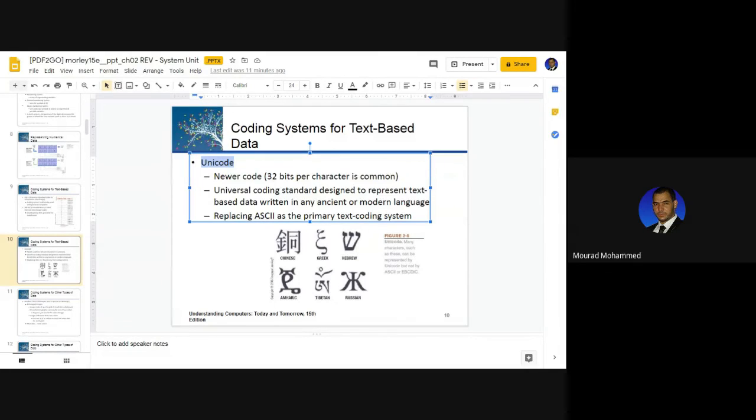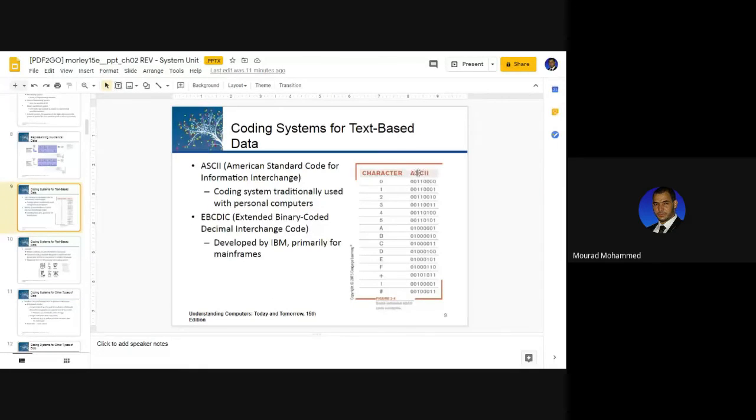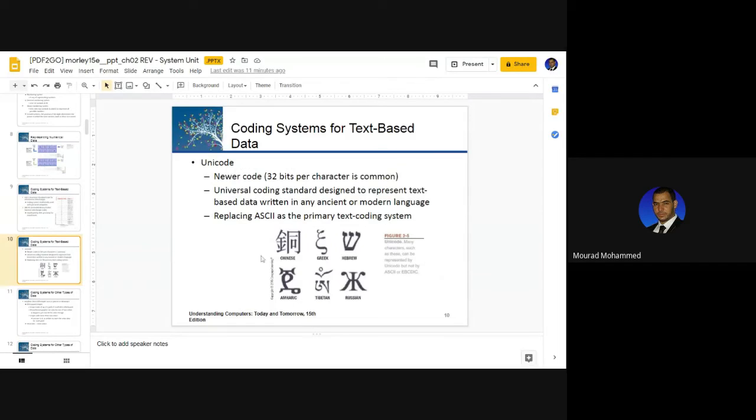There is no single Unicode. It's not the only conversion system, and it replaces the ASCII in some text coding systems. It acts instead of the ASCII, which we just explained, in some text coding systems.